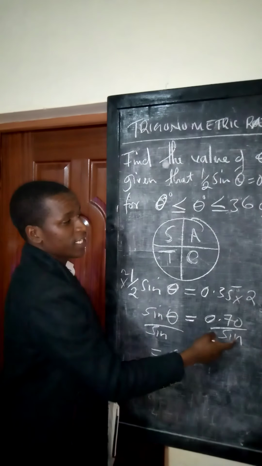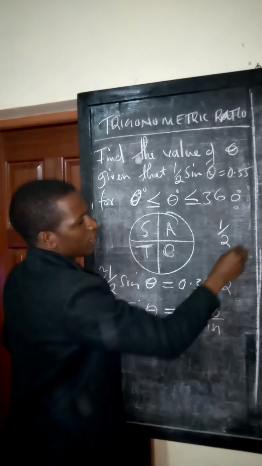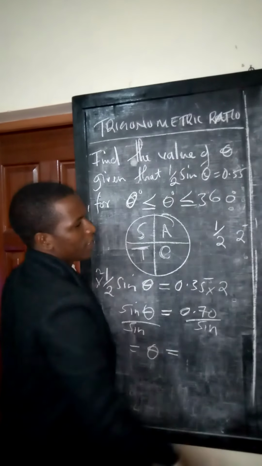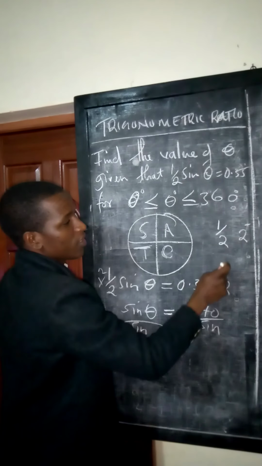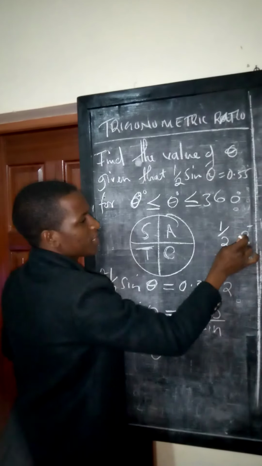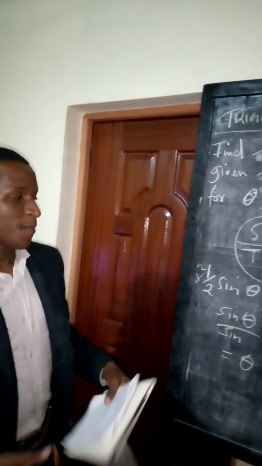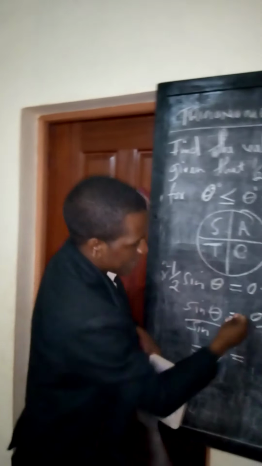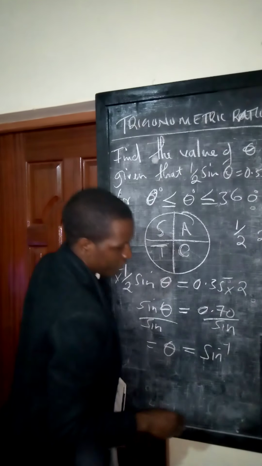This is where we get sin inverse, because when we get 1 over 2, it's the same as 2 power negative 1, which is the inverse of a half. So sin inverse is just the inverse of sin.